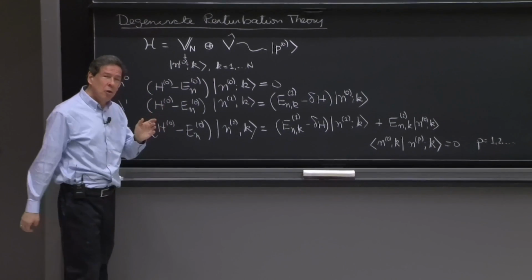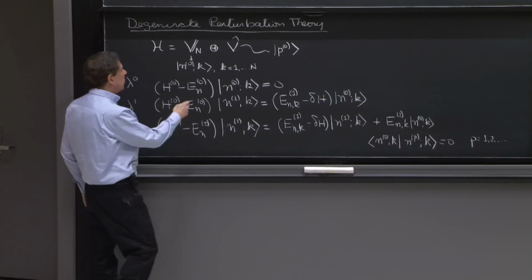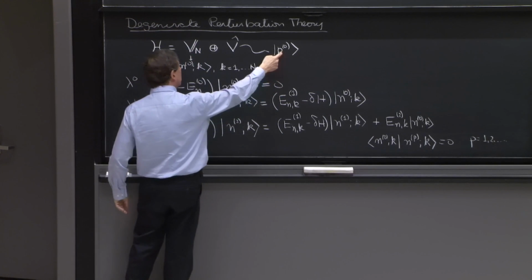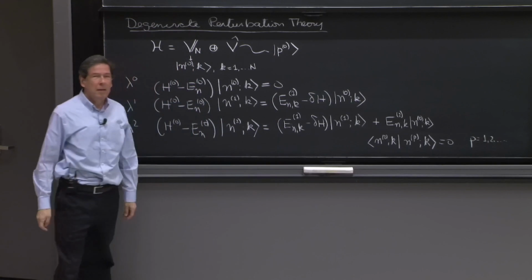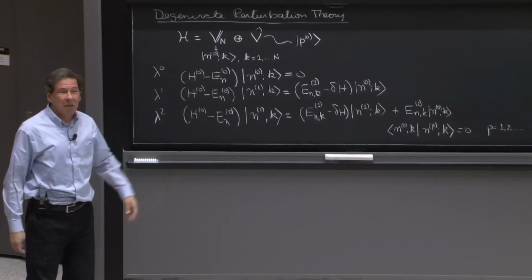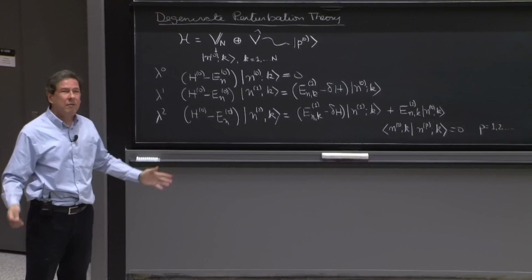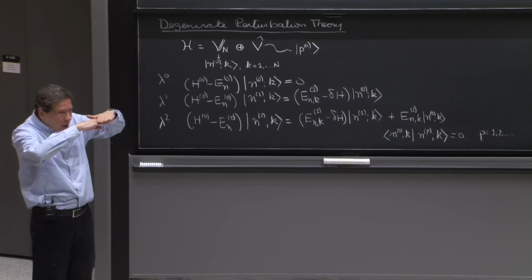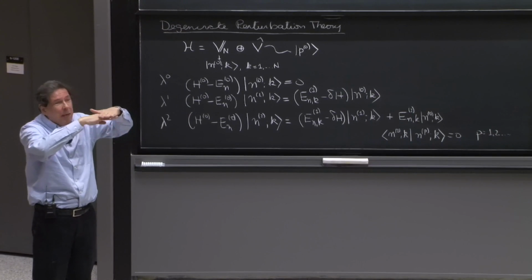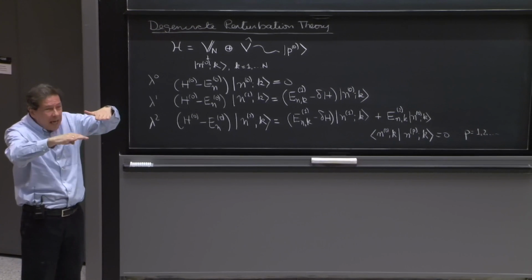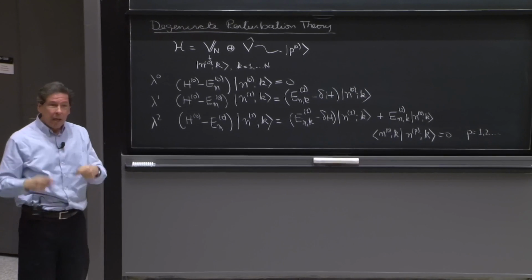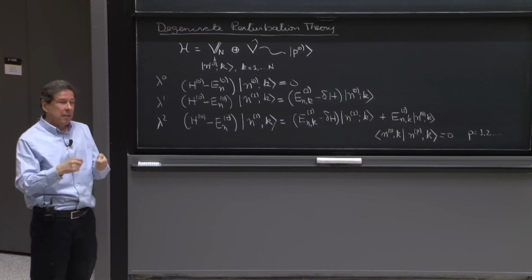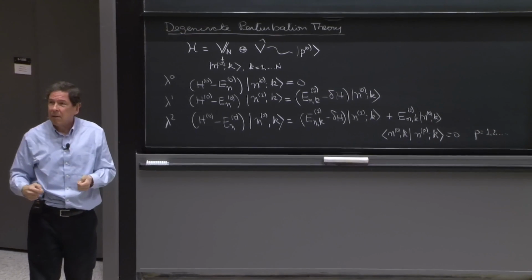And the notation is good. That allows you to distinguish, with two labels, states in the degenerate subspace, and with one label, a state in the rest of the space. The rest of the space can also have degeneracies that wouldn't matter. When you do non-degenerate perturbation theory, because you're focusing on a single non-degenerate state, it's not that you're focusing on a theory in which every state is non-degenerate.